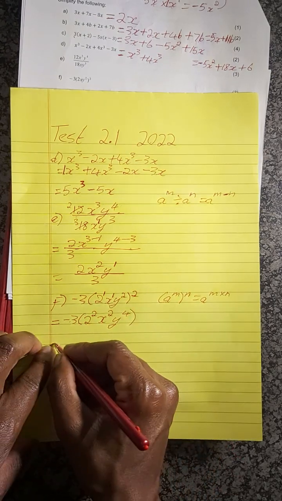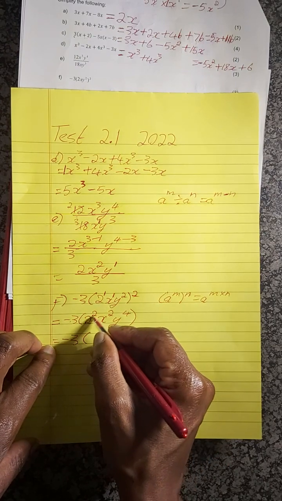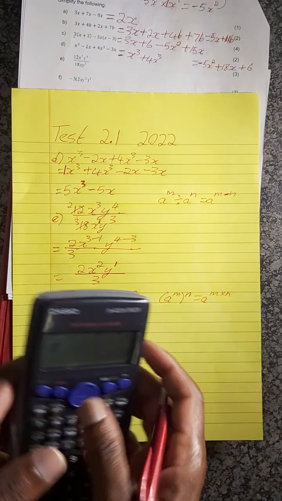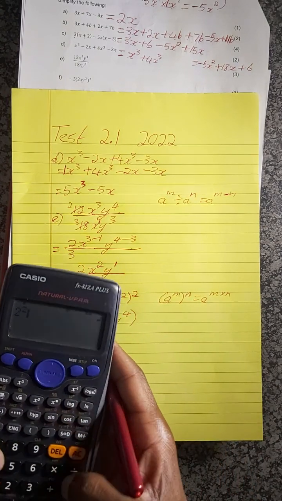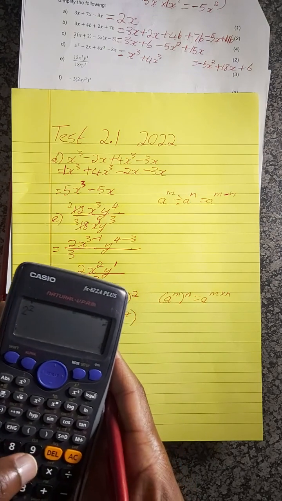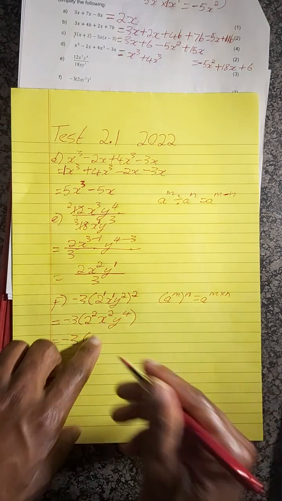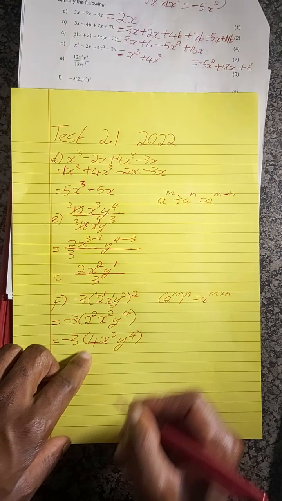Close the bracket. Is equal to negative 3. And then I ask myself, what is 2 to the power of 2? 2 to the power of 2, guys, is 4. You can always find this on a calculator by saying 2 to the power of 2. And you get what? 4. Do you see that? So I get 4. Write the x squared as it is. Write y to the power of 4 as it is.